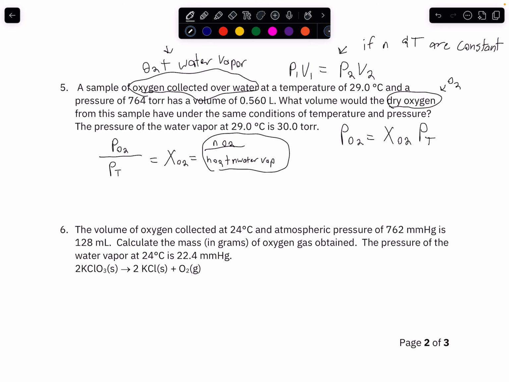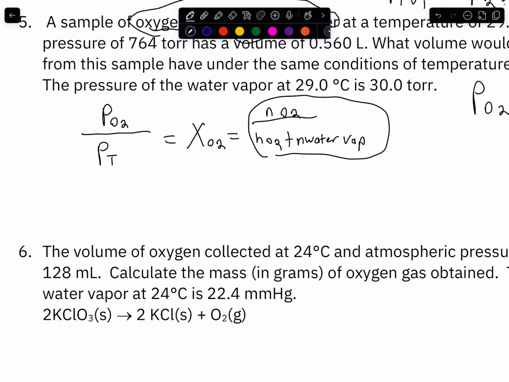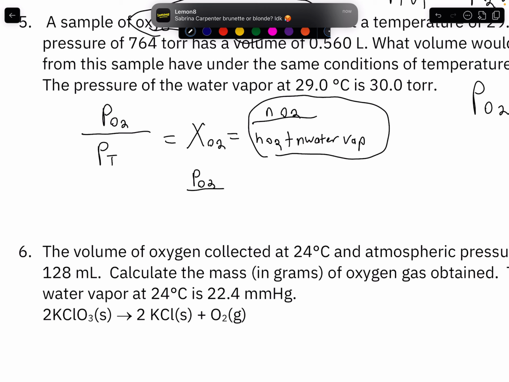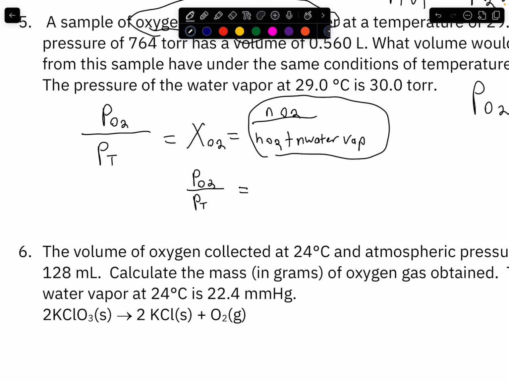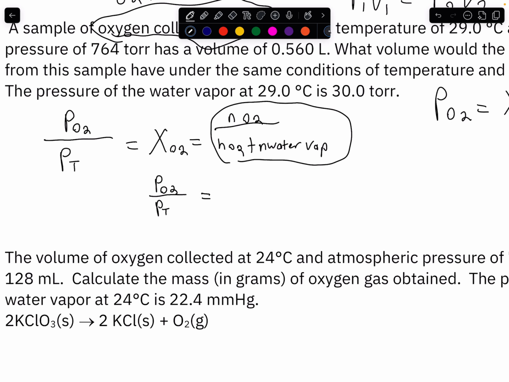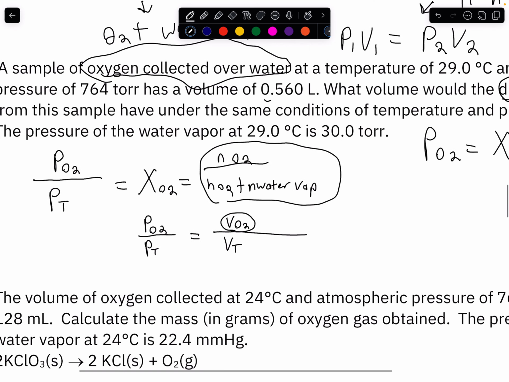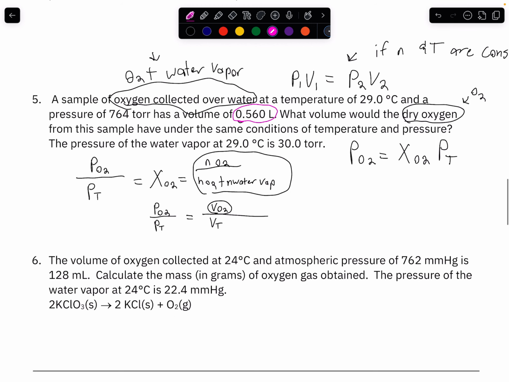So we can make our equation the same thing as the pressure of our O2 over our total pressure equals the volume of our partial, which is our O2, what we're trying to find, over our V total, which I'm going to put in pink because I like pink, is this value right here. So now we technically have almost all our values.